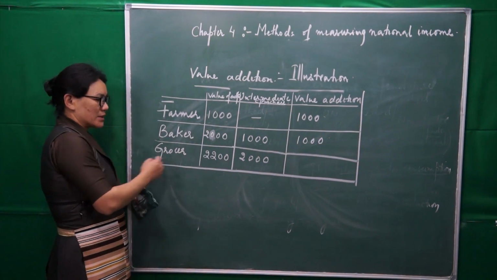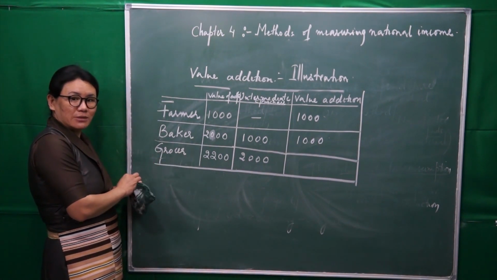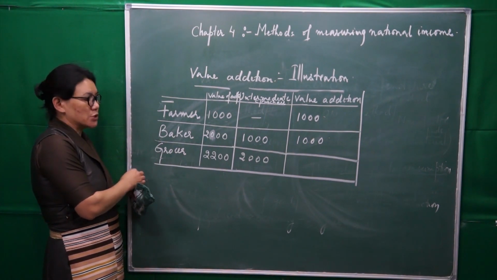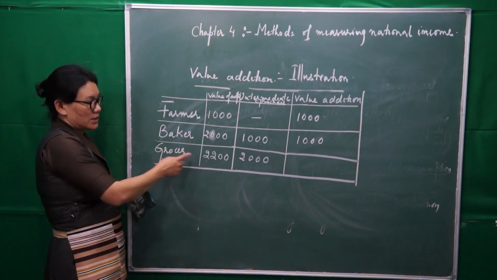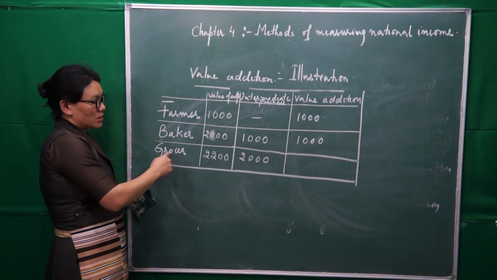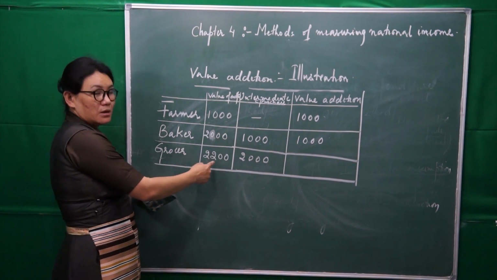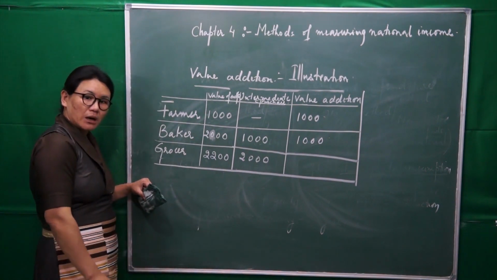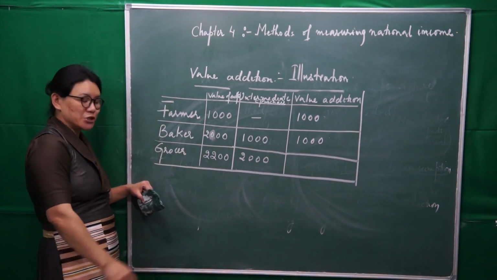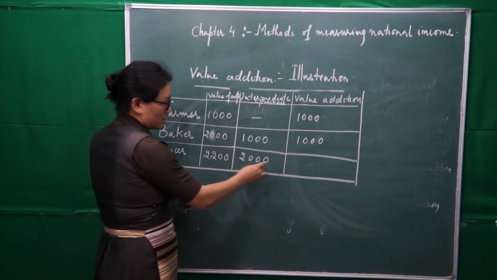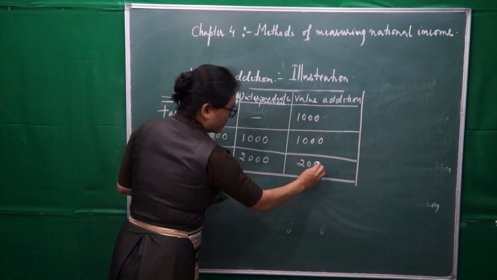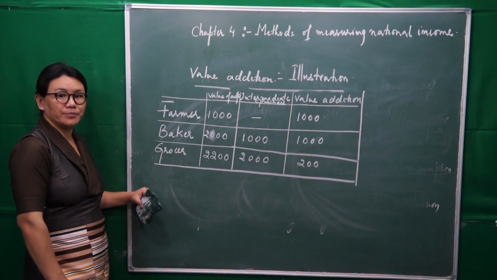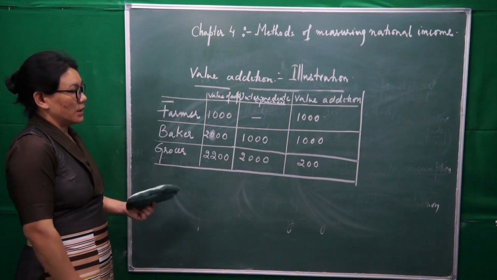We can say grocer has done some kind of services on this bread and sold to the consumer at this price. So this is what grocer's output value. Right? Now we can easily make out how much is the value addition in this one. It is just this much. Clear to you?